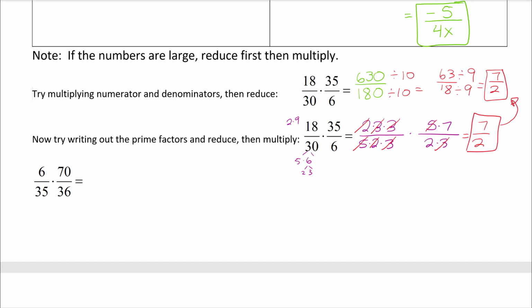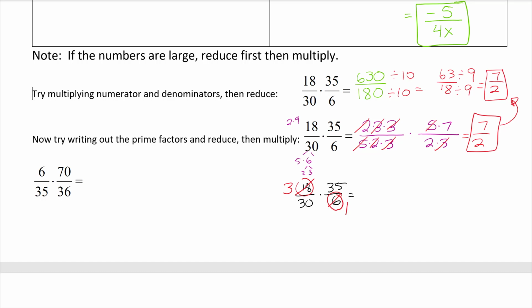There's one more way I'm going to show you how to do this. 18/30 times 35/6, which is going to get you, again, the same answer. If you see that 18 and 6 can both be divided by 6, what you can do is just put a slash through them. 6 divided by 6 is 1, 18 divided by 6 is 3. So I'm basically taking out the number and reducing it right then and there.